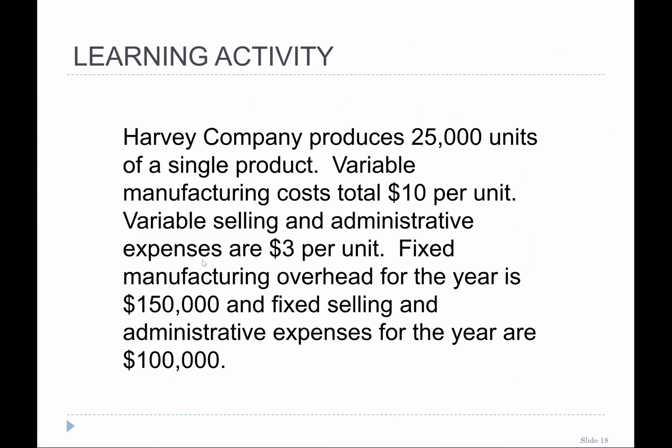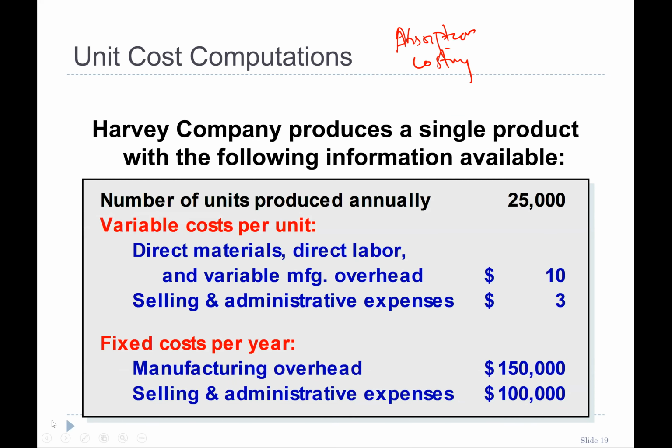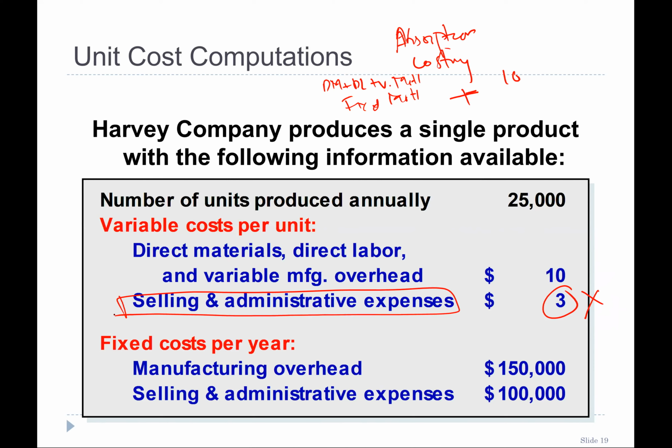So you see here, 10 is direct material plus direct labor plus variable manufacturing overhead. We also include fixed manufacturing overhead as well. So in addition to this 10, which part is going to be included? This 3? Answer is no. Why? Because this is variable selling and admin. That belongs to our period cost, not the product cost, not the unit cost.